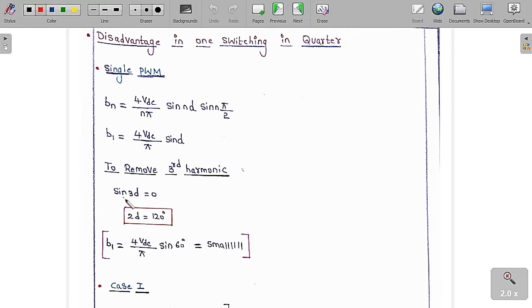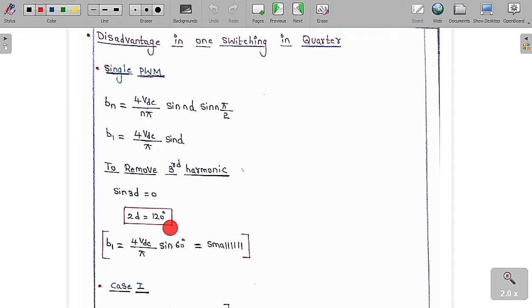Therefore sin 3d is equal to 0, so 3d is equal to pi k. Therefore 2d is equal to 2 pi k by 3. Finally, 2d is equal to 120 degrees. So at 2d equal to 120 degrees, you are removing the third harmonic.